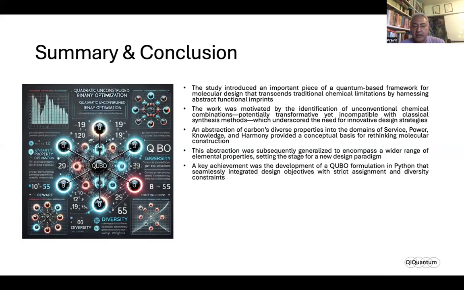And I then created a QUBO to create a synthetic molecule which had four atoms with different primary functional properties and then a unique set of energetic imprints attached to each of those atoms. And this was from a set of 20 different possibilities.